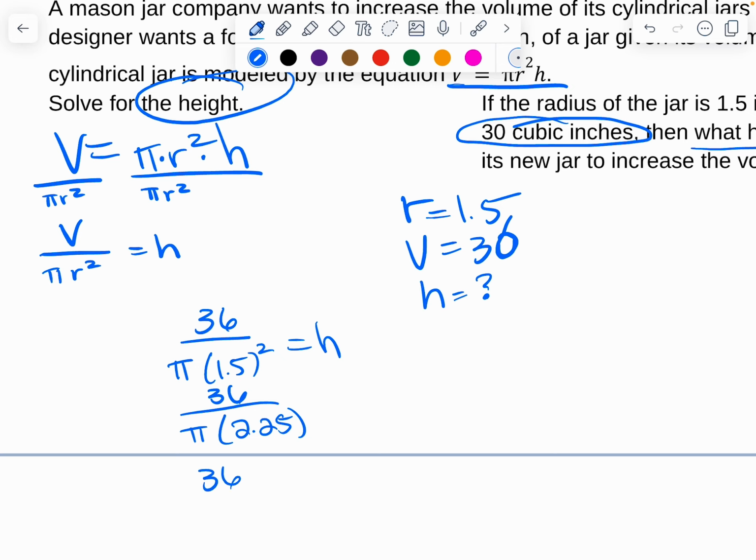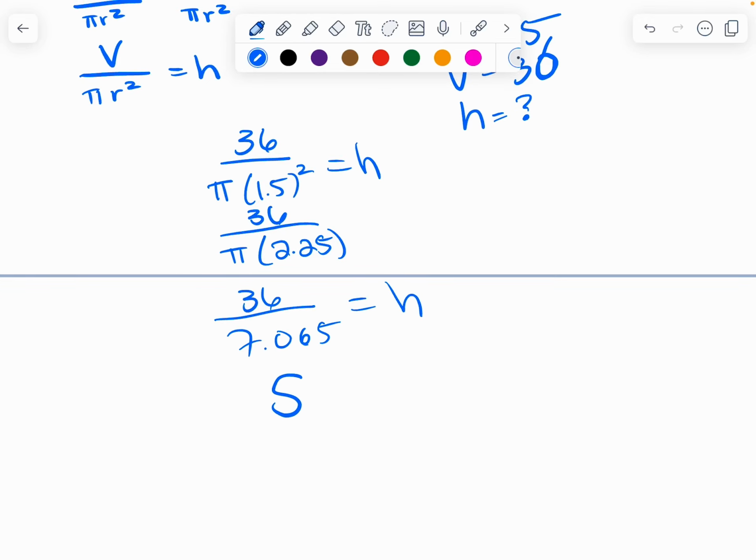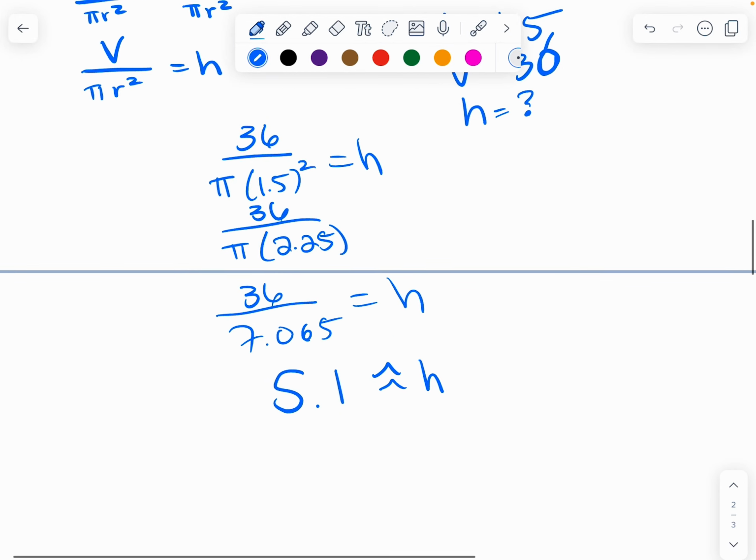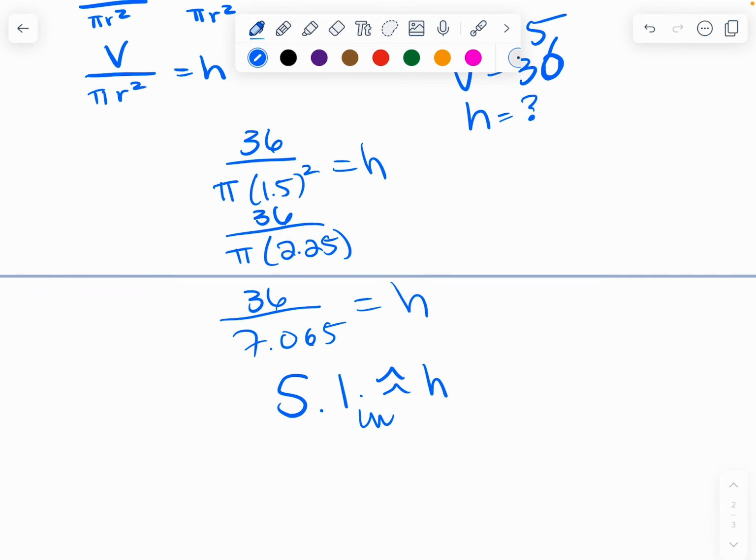Okay, so 36 over 7.065. So we're going to divide that and get approximately 5.1 inches. Approximately 5.1 inches.